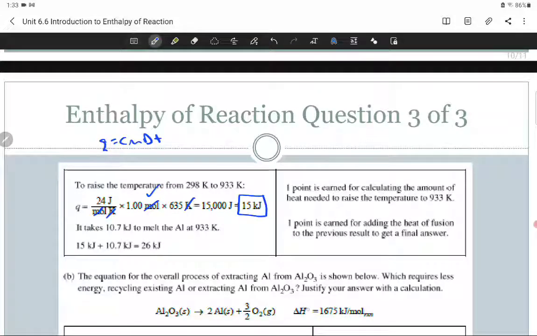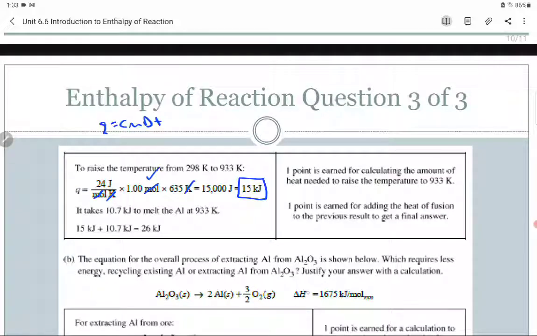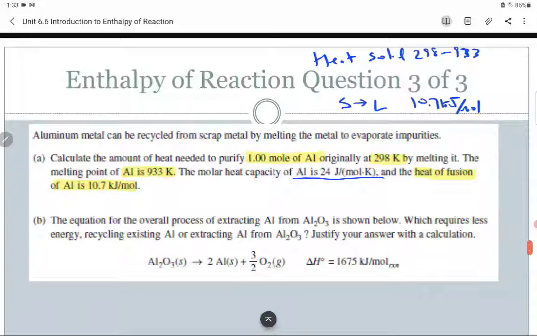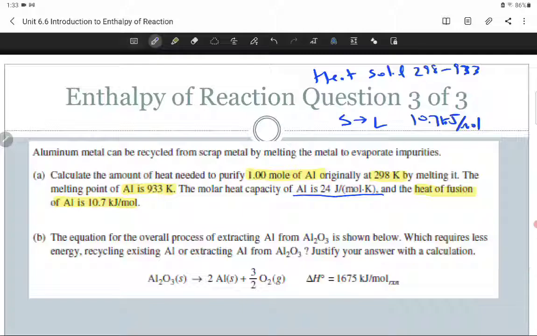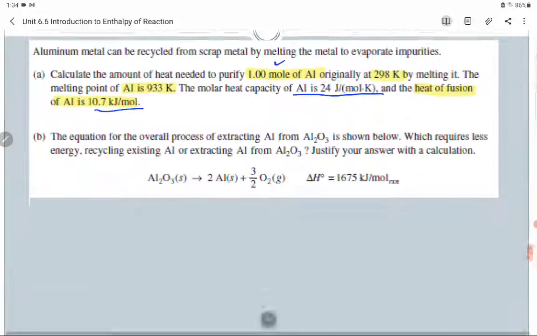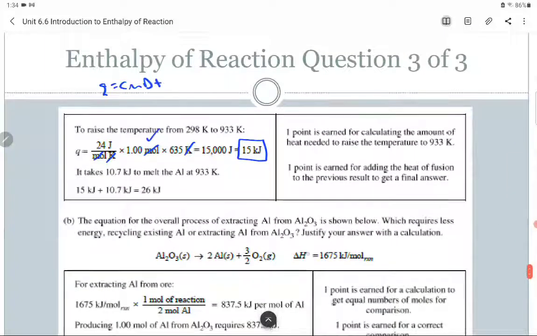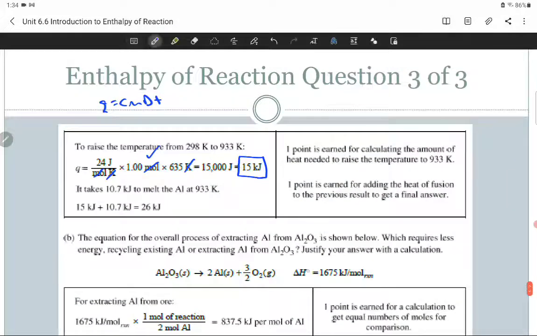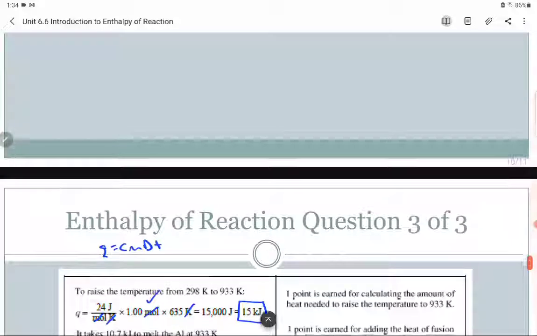And then we also were given the 10.7 kilojoules per mole, and we had 1 mole, so 10.7 kilojoules we're dealing with for the melting part. Add them together, and we get 26 kilojoules. Okay, factor label for the most part, a little bit of Q equals Cm delta T.